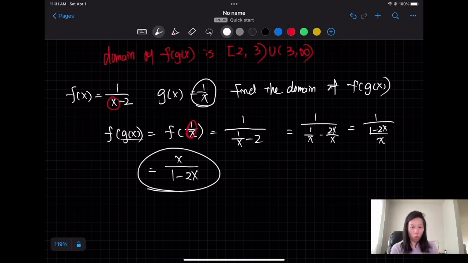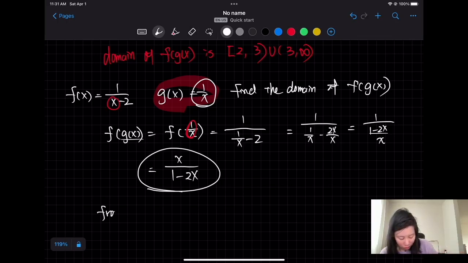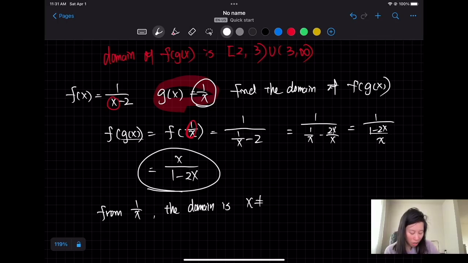Okay, so what do we do next? We need to find the inner function domain and the composition domain. The inner function is the g of x function, which is the reciprocal function. x can equal anything but 0, so the domain is x not equal to 0.